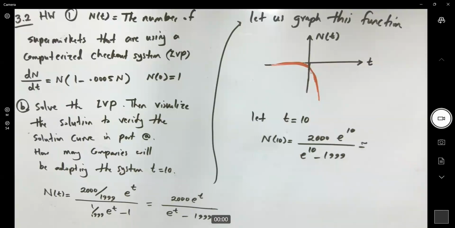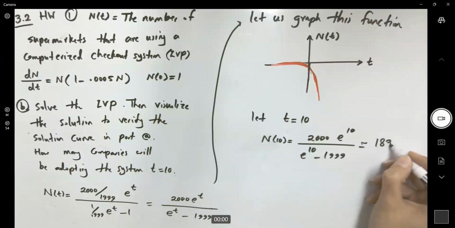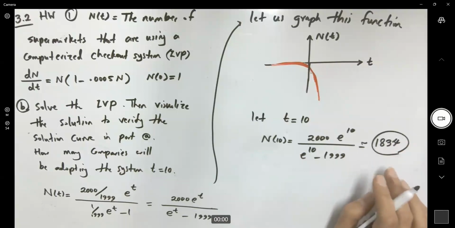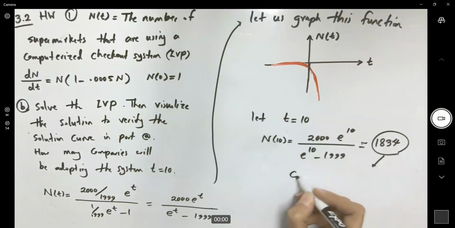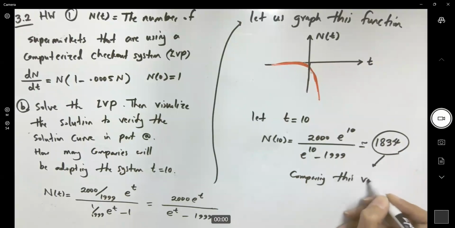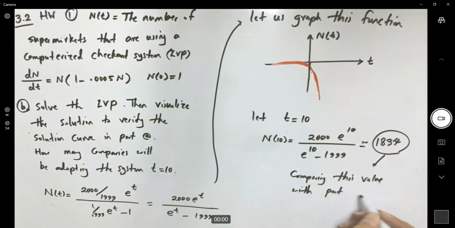which, if you use our calculator, is around 1,834. So comparing this value with part A, let us go back to check our slope field.